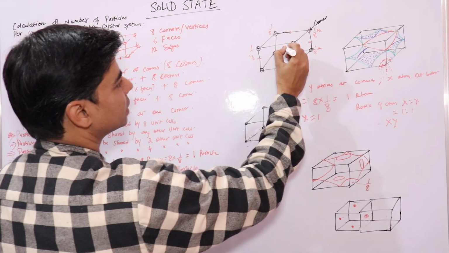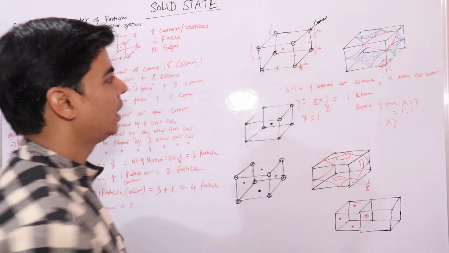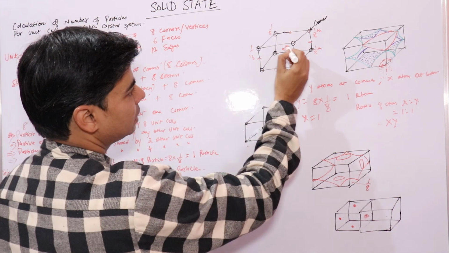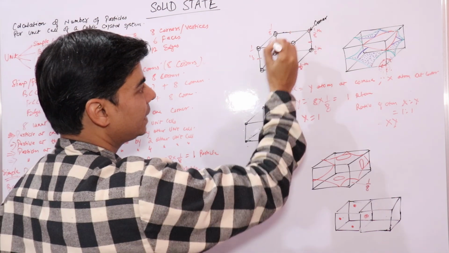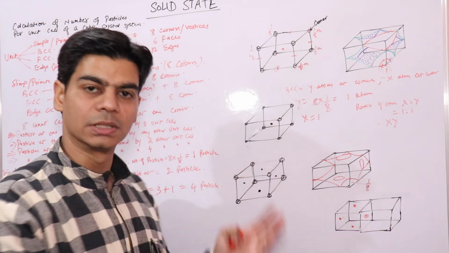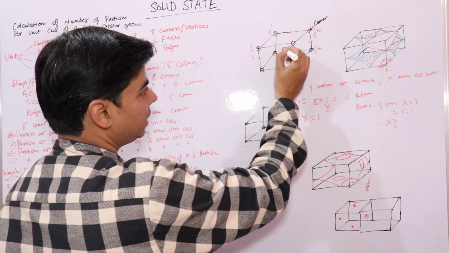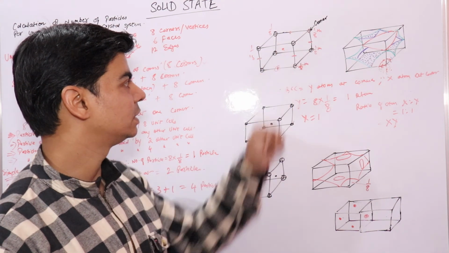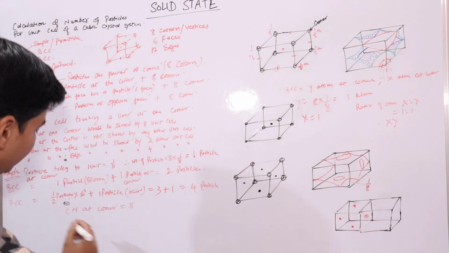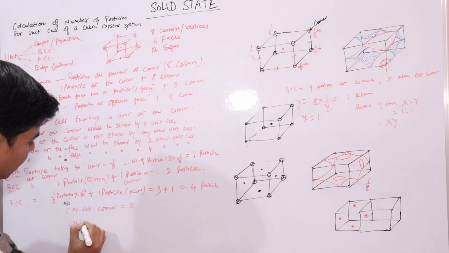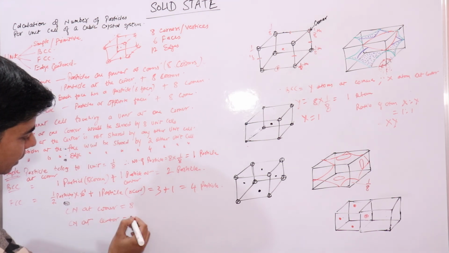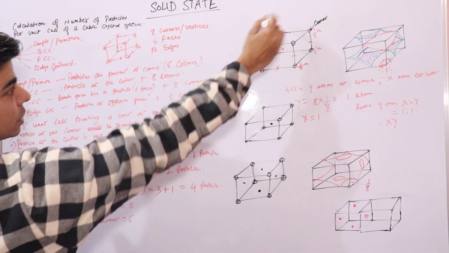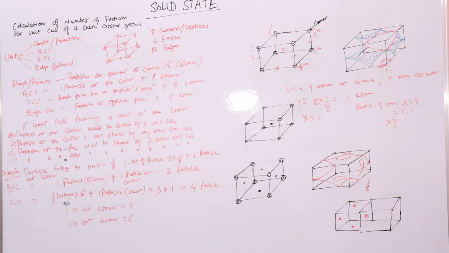Similarly, if we talk about the center, it is surrounded by 8 corners of a cube, so it has 8 closest neighbors touching the particle at the center. So the coordination number for the center is 8, because this is also touching 8 other particles.